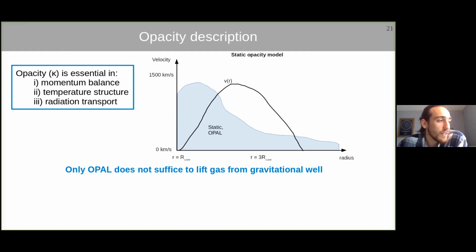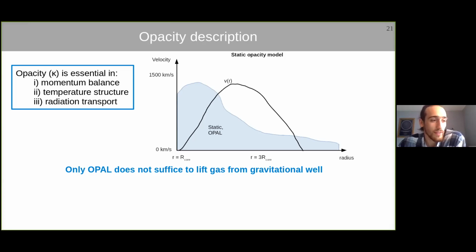So your gas velocity, which is the black line, will be able to rise, and the gas can accelerate up to a certain point at around 2 stellar radii, where there is suddenly no more static OPAL opacity left to accelerate the gas further. So your gas will start to decelerate, and it will be gravitationally attracted back to the surface of the star.